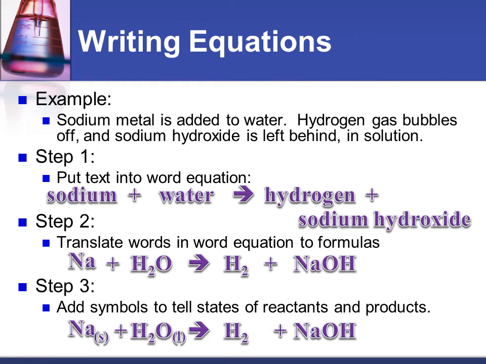Hydrogen gas bubbles, so that would be a gas. Sodium hydroxide is left behind in solution. What does solution mean? If you think back, solution means it is a mixture, dissolved in water. So that would be aqueous. That's as hard as it gets.